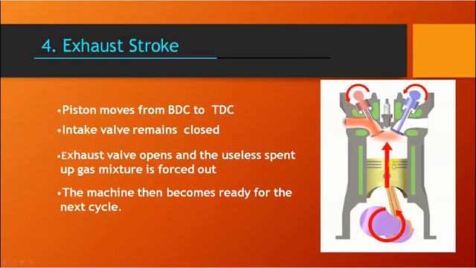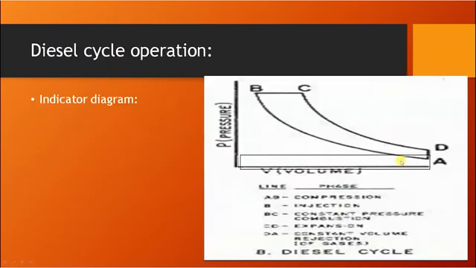At the end of the power stroke, the piston is at the bottom, so in order to continue, the piston should move upwards. When the piston moves from BDC towards TDC, the burnt gases are scavenged out of the chamber. During this time, the intake valve remains closed and the exhaust valve opens, and the useless spent gas is forced out of the chamber. The machine then becomes ready for the next cycle.